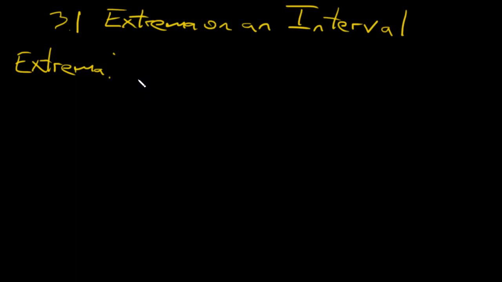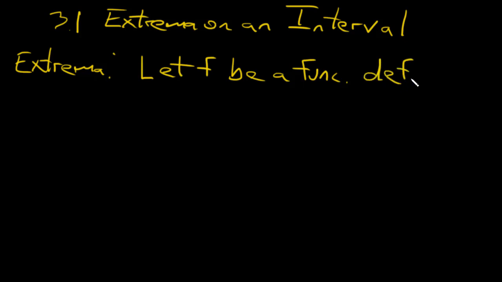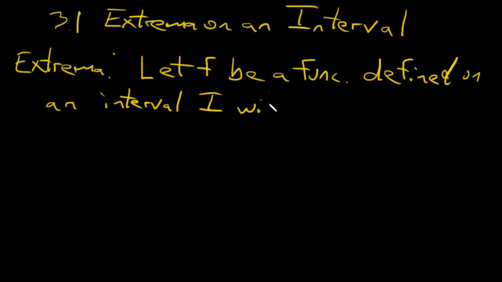So the formal definition that we're going to be using is: let f be a function, and I'm going to abbreviate with my standard func, defined on an interval I, and it has to contain a point c.